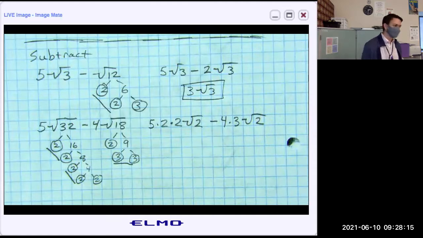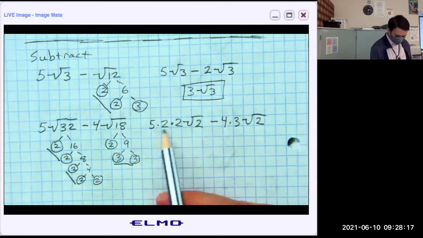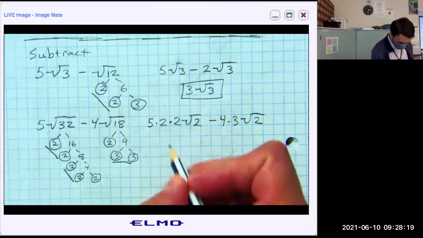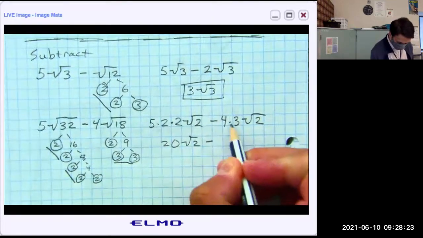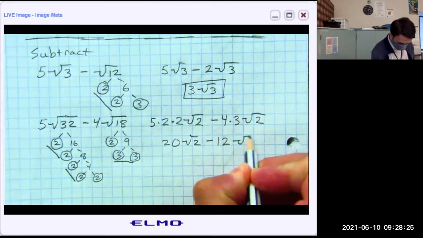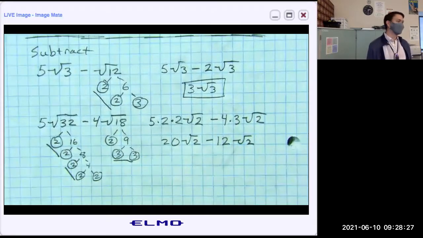So now a little bit of simplifying before we subtract. 5 times 2 is 10, times 2 is 20. This is 20 square root of 2. Minus 4 times 3 is 12, 12 square root of 2. They're the same radicand, so we can actually subtract them. If they weren't, then you would stop here.